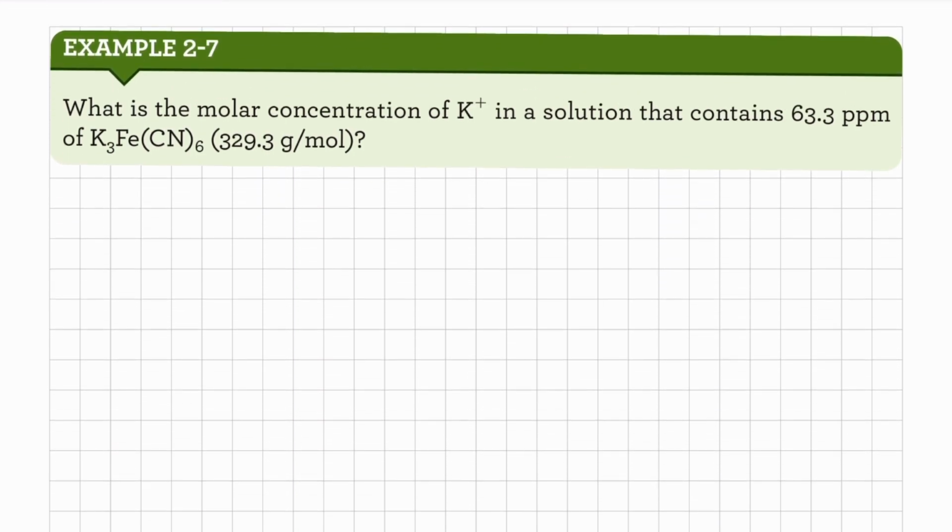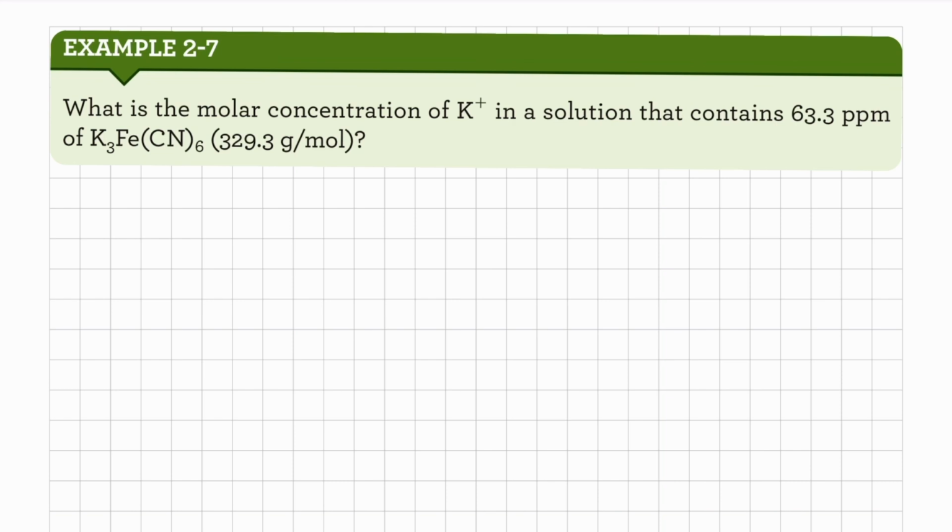Okay, it says, what is the molar concentration of potassium ion in a solution that contains 63.3 ppm of K3Fe(CN)6? As it is shown here, the molar mass of this compound is also given. As we discussed earlier, the definition of ppm is 1 part of the solute divided by 1 million parts of the solution.